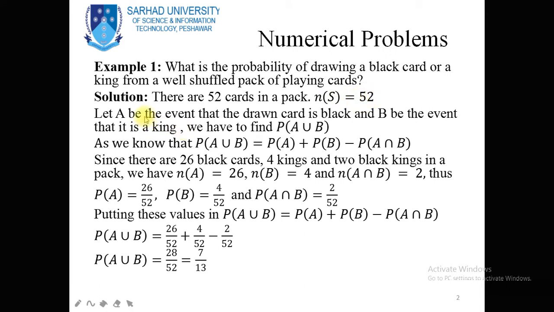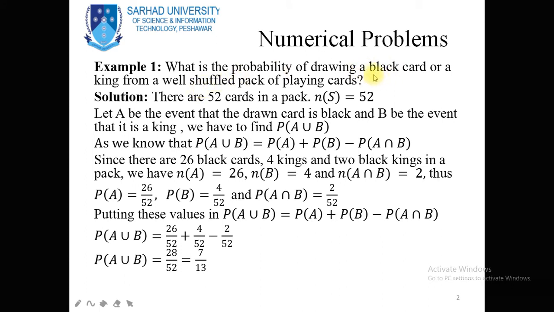Let A be the event that the drawn card is black, and B be the event that it is a king card. In this problem, we have two choices: black card or king card. So what will be the probability of drawing a black card or a king card?